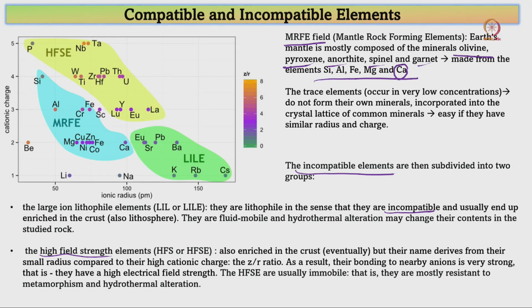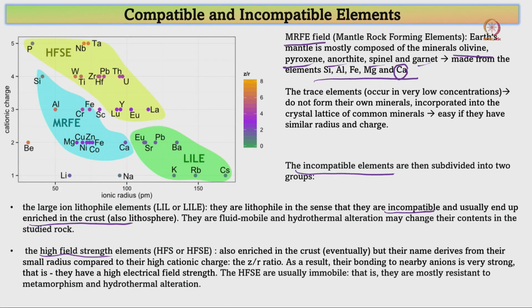and therefore, they will be enriched in the earth's crust, because the earth's crust is formed from the melt that was generated in the mantle. This mantle melting continuously over earth's lifetime has created the earth's crust.